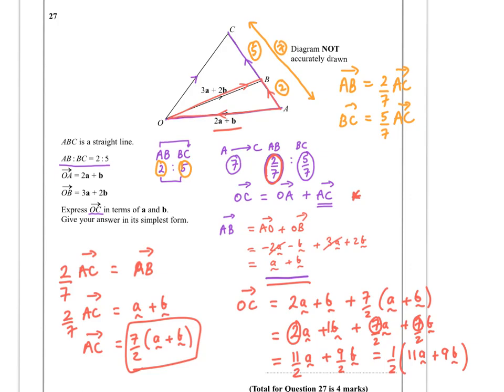So I'm afraid vectors can get quite tricky, especially when there's ratios involved. And again, I would be quite worried if that was the answer in the paper, but as far as I'm concerned it is correct, but you know, the numbers aren't easy.